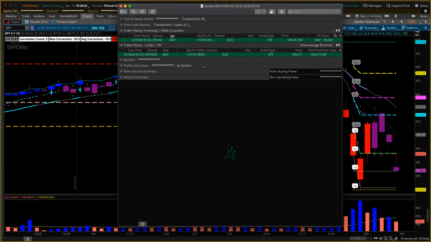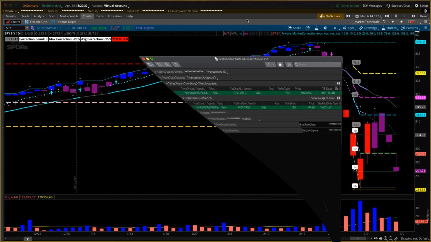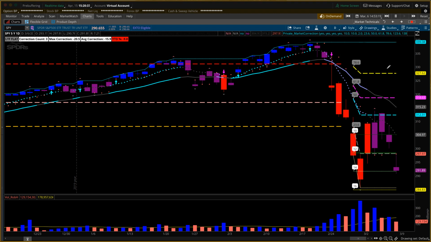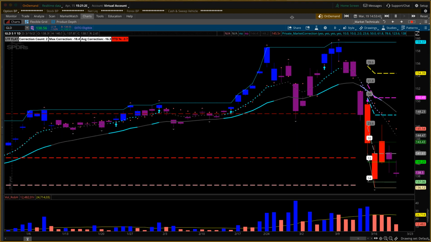So let's go ahead and change the on-demand to 319, and then let's look at a chart of GLD and OILK. Let's minimize this. We'll go ahead and switch the date over to the 19th. There we go, 19th of March, hit go. And so now that the page is loaded, we can see on 319, this is about the point where I purchased GLD, and we can go ahead and look at OILK as well.